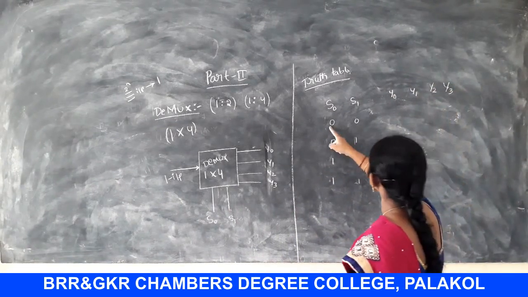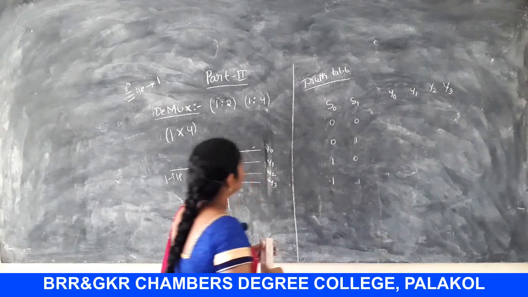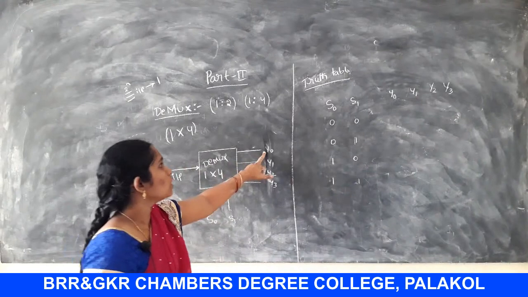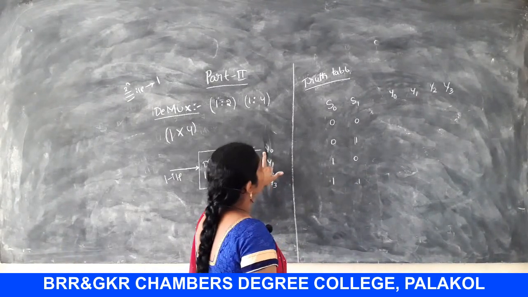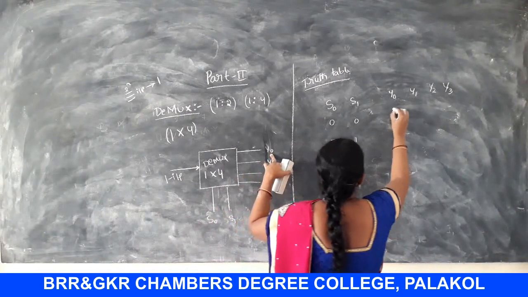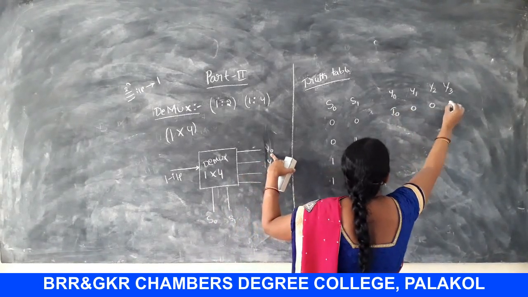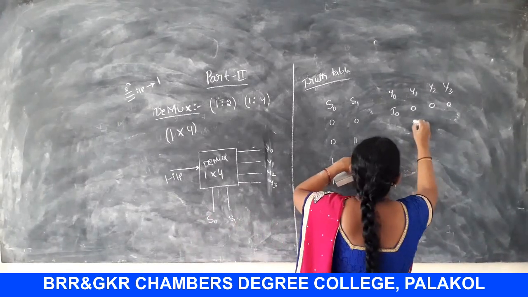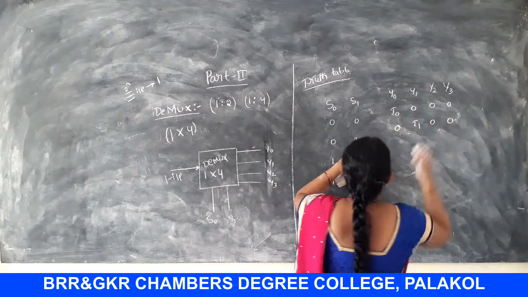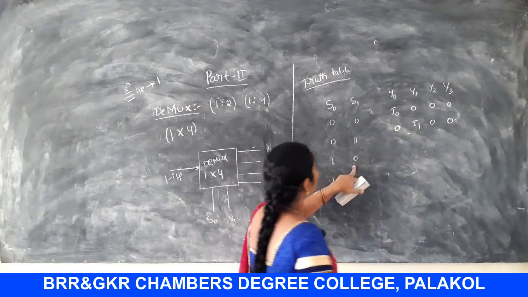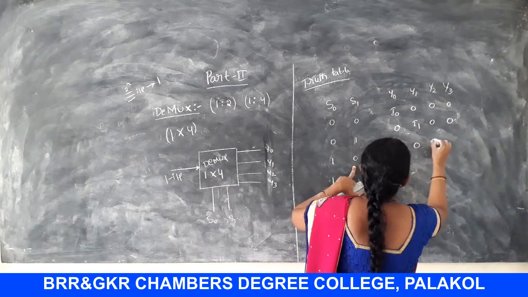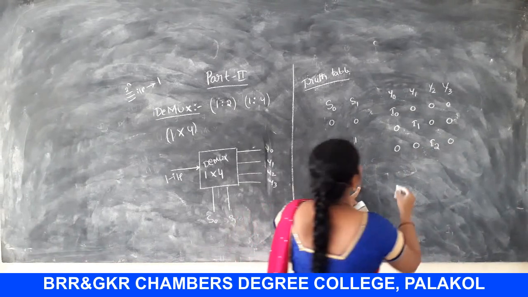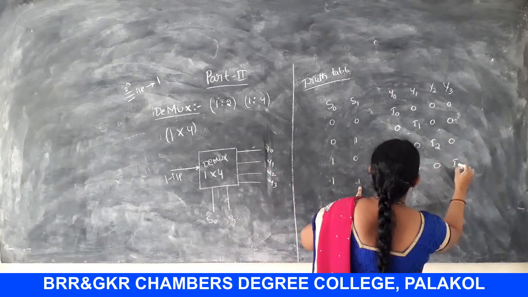When we apply 0 0 to the selection lines, Y0 is selected, that means it is I0, remaining all are zeros. When applying 0 1, it will select I1, remaining all are zeros. When applying 1 0, it will select I2, remaining all are zeros. And when applying 1 1, it will select I3.